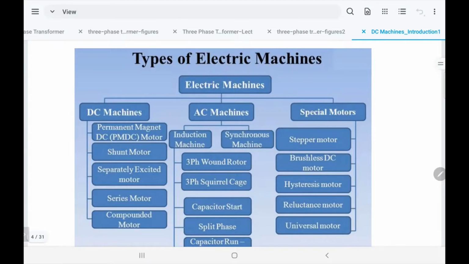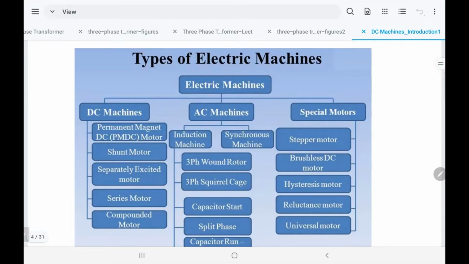The conventional DC motor we're going to study, starting this lecture, has brushes. But this brushless DC motor is synchronous AC, and by control we can get the DC performance, the DC characteristic, in this machine.